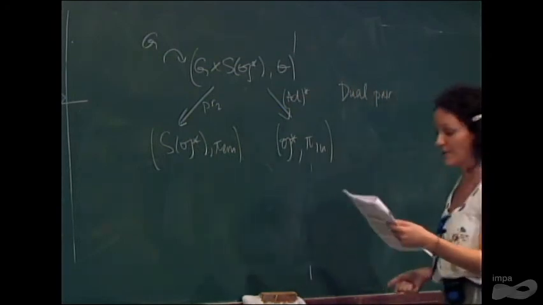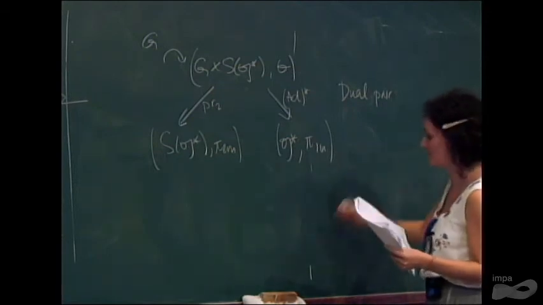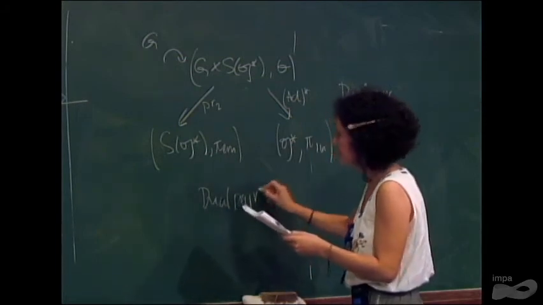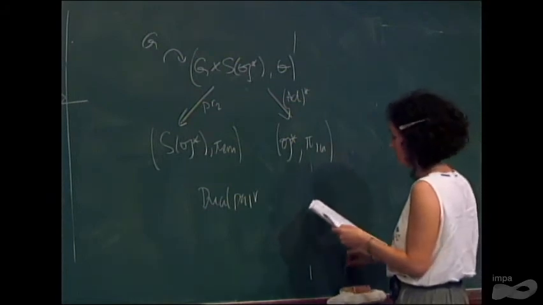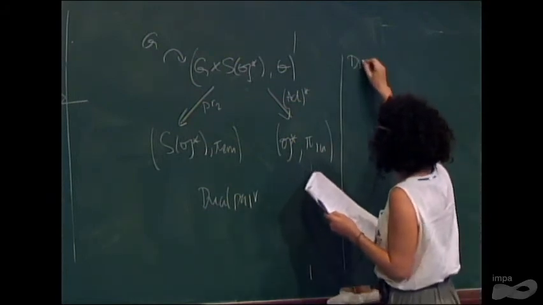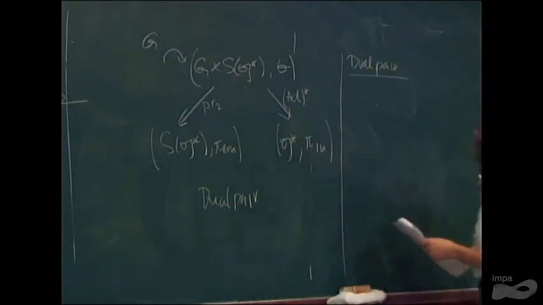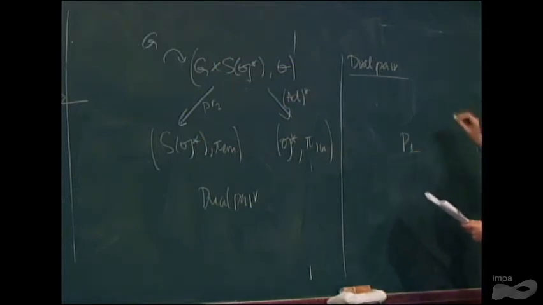Okay, so let me tell you what a dual pair is now that you have these examples. A contact dual pair is, between two Jacobi manifolds, a realization by a single contact manifold.